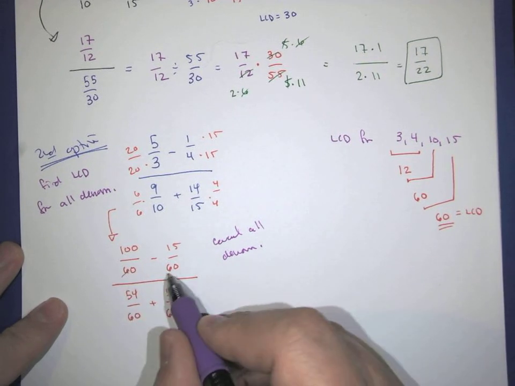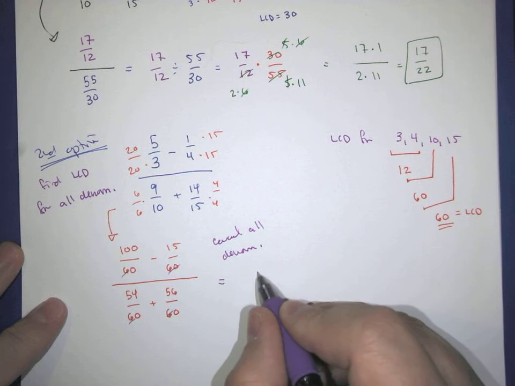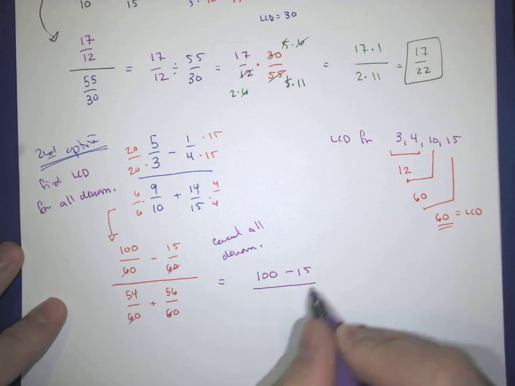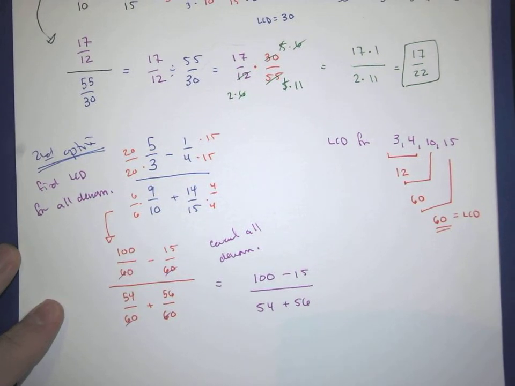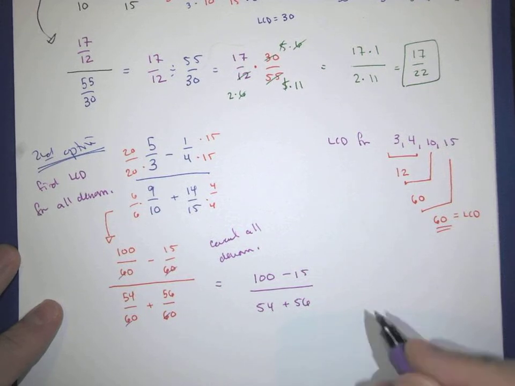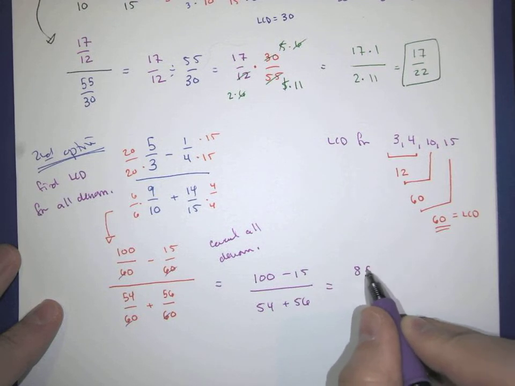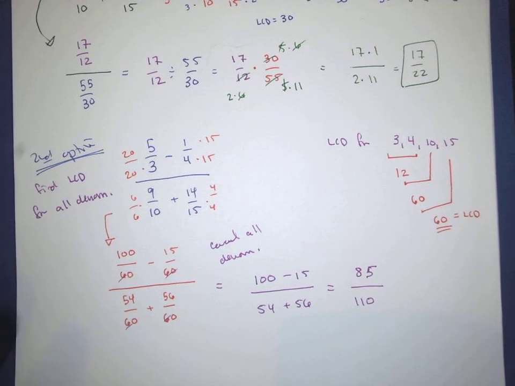So the idea is you're going to just sort of cancel all of these out, and so you're going to take yourself from 4 fractions down to 100 minus 15 over 54 plus 56. You're just going to kind of take yourself to write kind of one fraction, but sort of working with whole numbers instead. This is going to leave us with only the best values, 85 over 110.